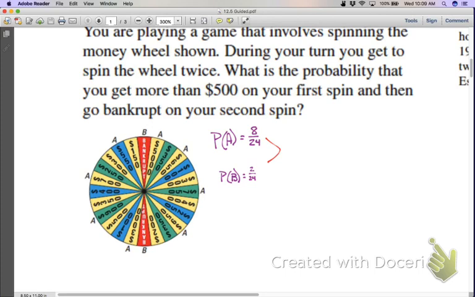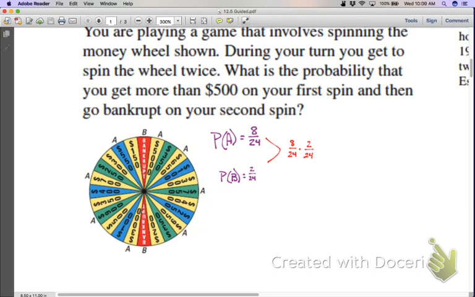Oh, you can. That's fine. It's really up to you as far as if you want to reduce 8 over 24 and 2 over 24. I'm okay with that. If you want to make it 1/3 and 1/12, that's fine.